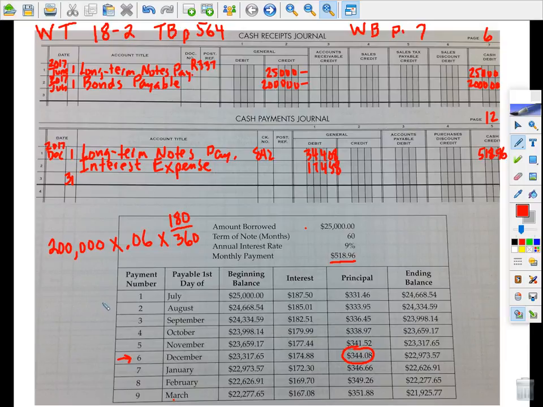So what is that? $6,000? Okay. So hopefully you did get $6,000.